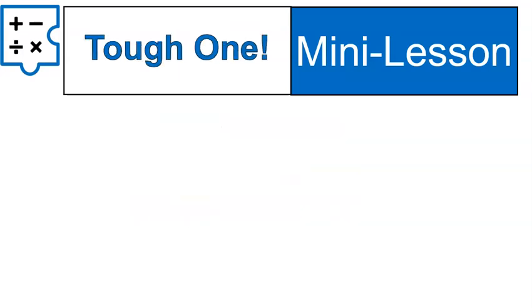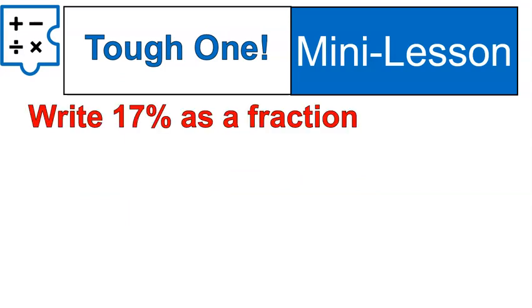All right, now here's a tough one. I want you to try this one out. I want you to write 17% as a fraction. Go ahead and try that one out. All right, did you realize that maybe it wasn't quite as tough? Maybe it stumped you because there were no common factors.